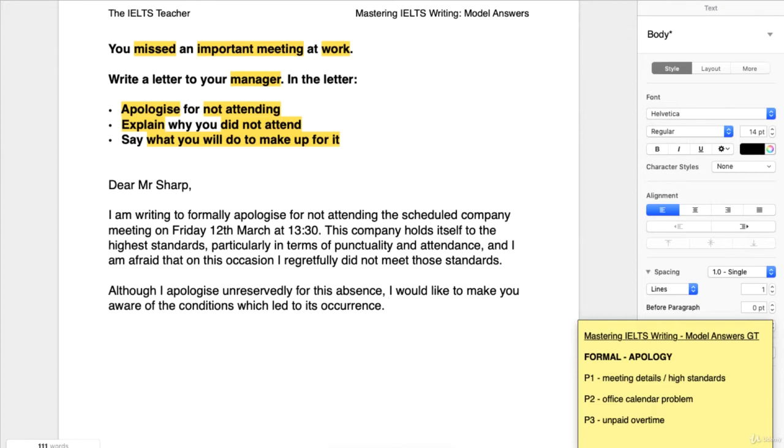But you wouldn't say it's happening, so you would say its occurrence. Although I apologize unreservedly for this absence, I would like to make you aware of the conditions which led to its occurrence. That's a nice way, in a very formal setting, of explaining why something bad happened, explaining why you have done something that needs an apology.